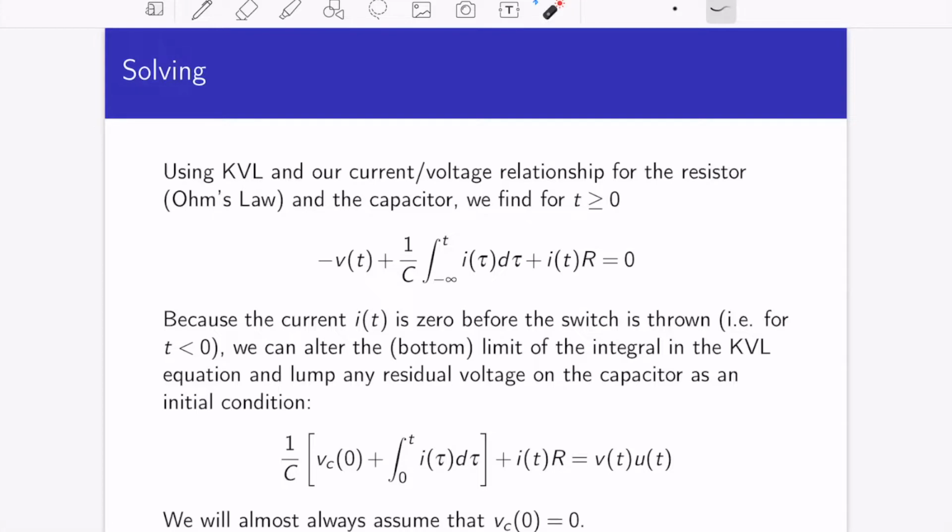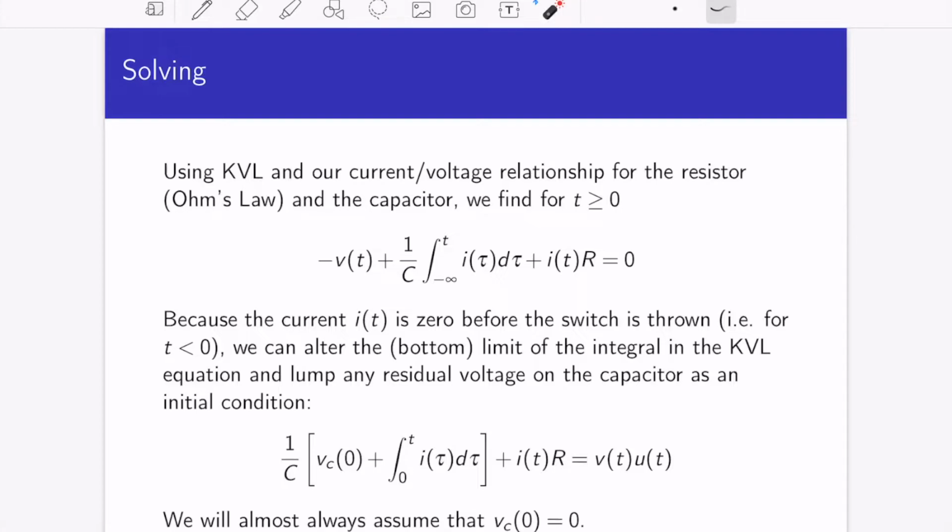So in each of these cases, we're just summing up the voltages over the elements just like we did before, but now we have to actually consider the transient response of that capacitor. The current through the capacitor is going to be 0 before the switch is thrown, and that means for t less than 0.